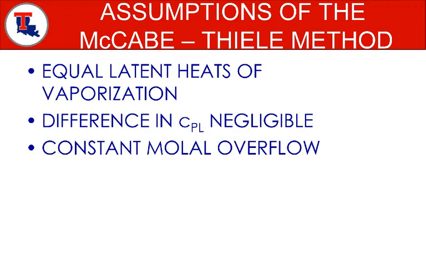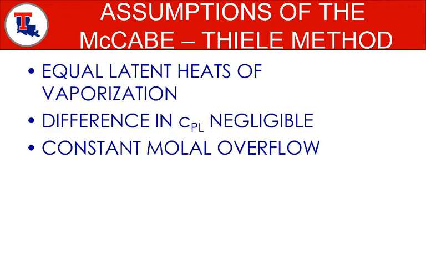When we did McCabe-Thiele, we said, let's ignore the difference in latent heat of vaporization of A and B, and we assume constant molality, right? Then we also said, okay, let's forget about the differences in CPL, no sensible heat. And so as a result, we got this constant molar overflow.